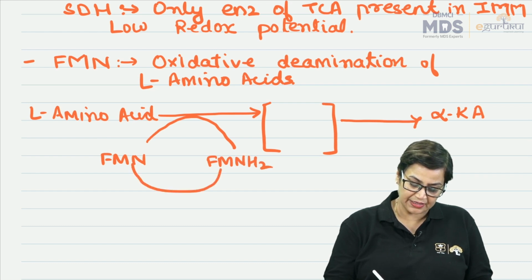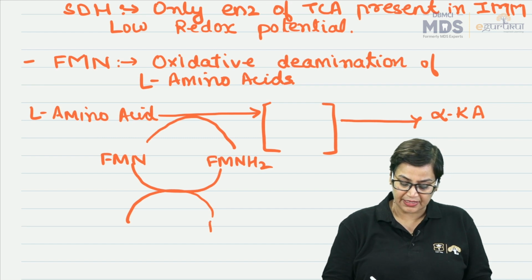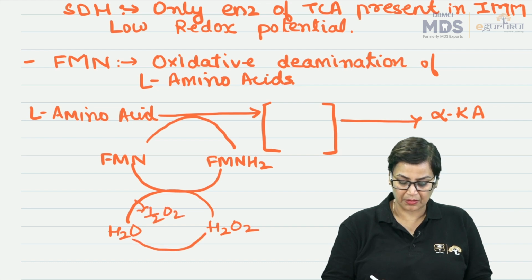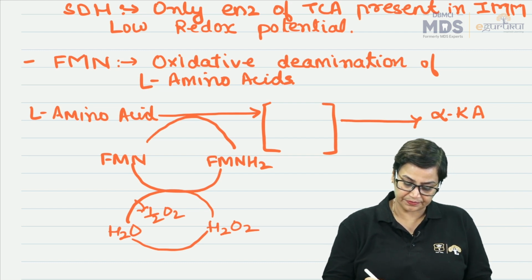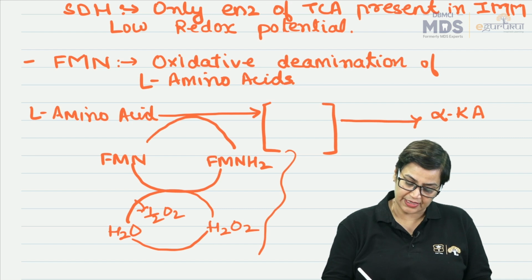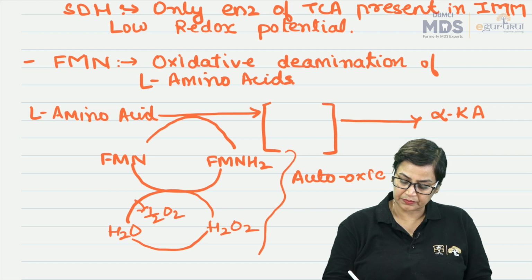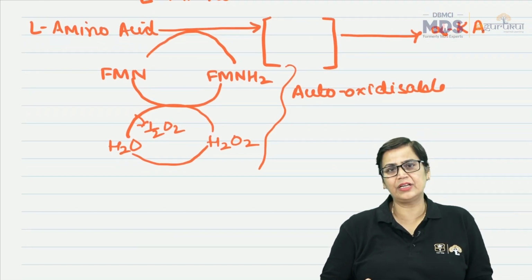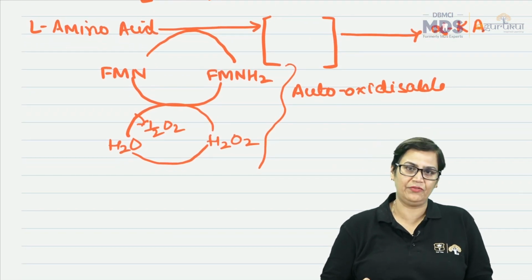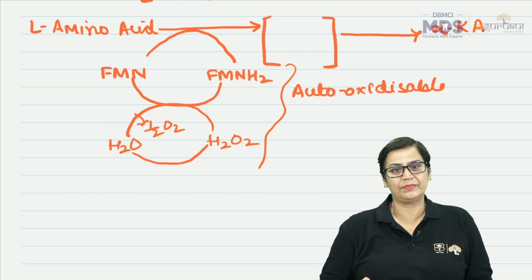On the other hand, this is coupled with the degradation of hydrogen peroxide. And that is why this is known as auto-oxidizable. Right? So these are the two very important reactions in which riboflavin is acting as a coenzyme.